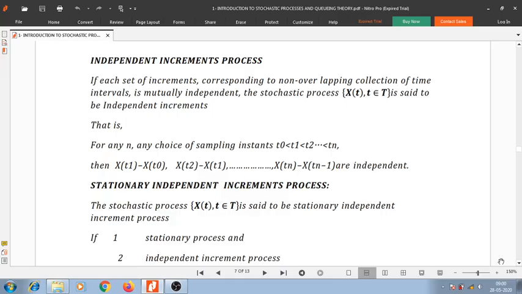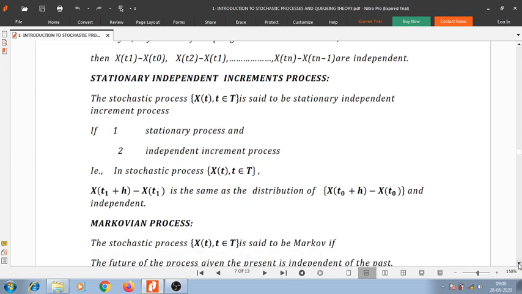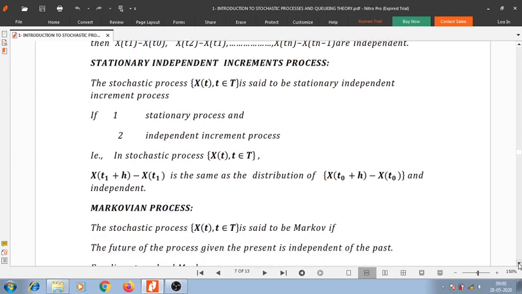Okay? Now coming to the stationary independent increment process. Any stochastic process satisfying the conditions of stationarity and independent increments, the previous two properties, that process is called a stationary independent increment process.